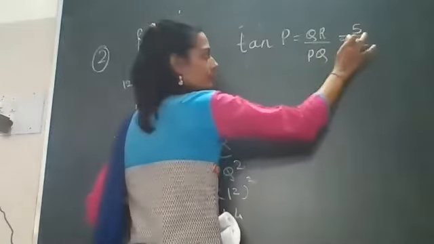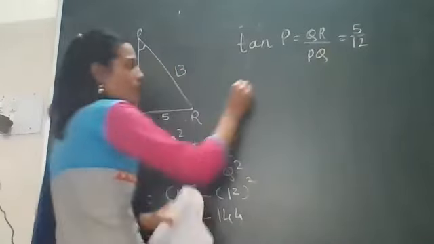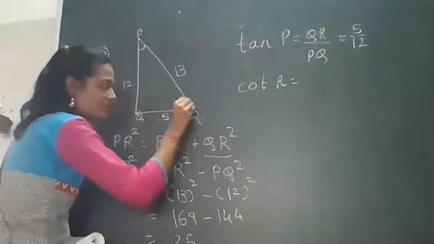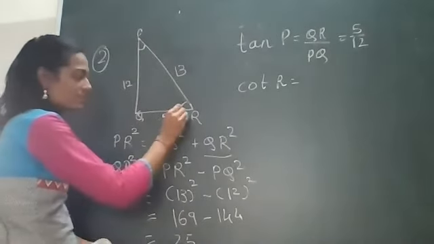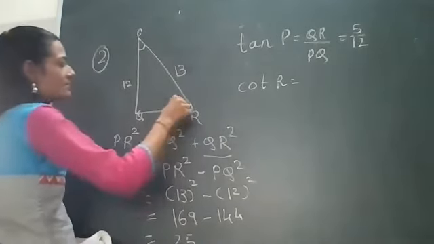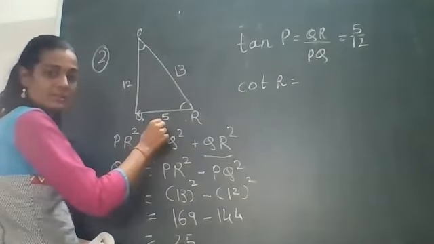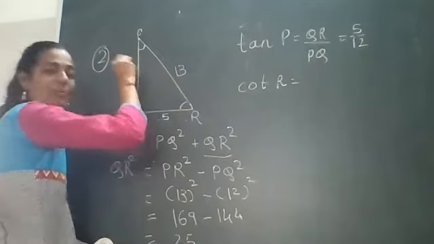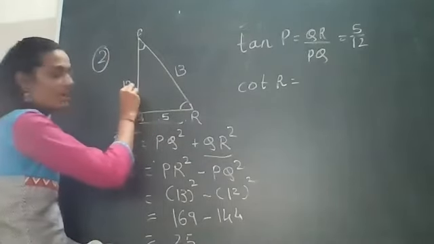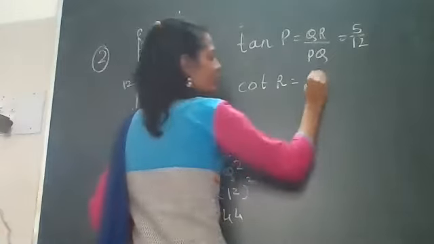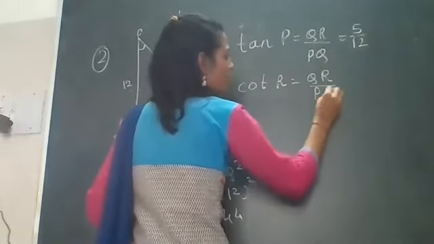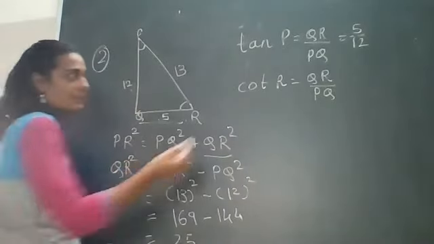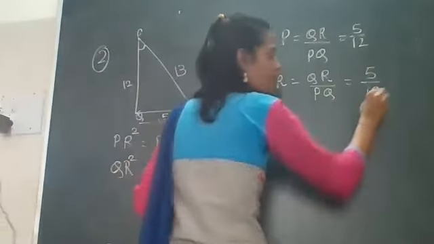Now similarly we have to find cot R. Considering this angle R, cot R means adjacent upon opposite, so again it becomes 5 upon 12 only. That is QR upon PQ, so the value of cot R is also 5 upon 12.